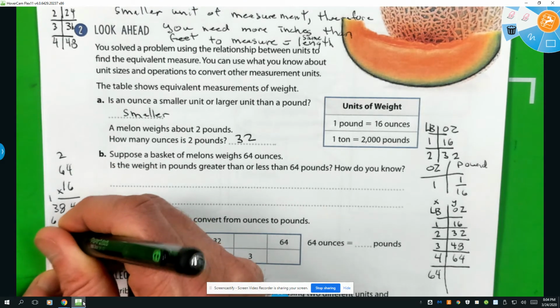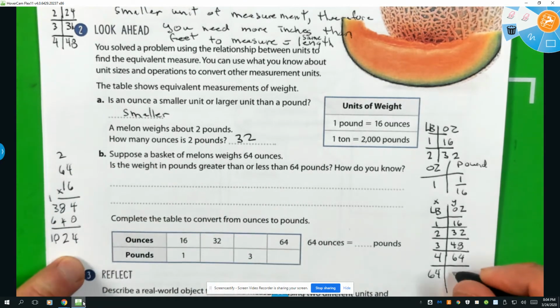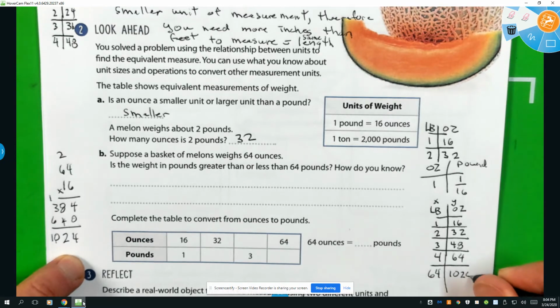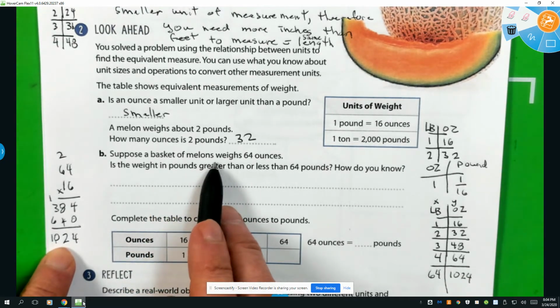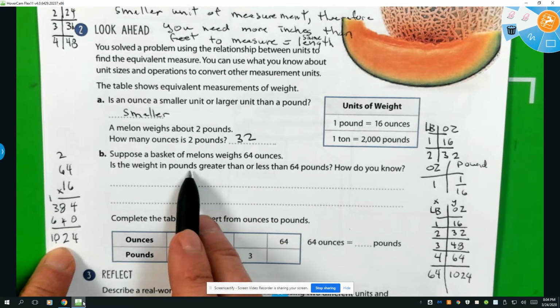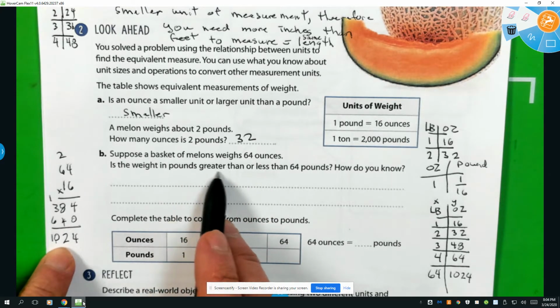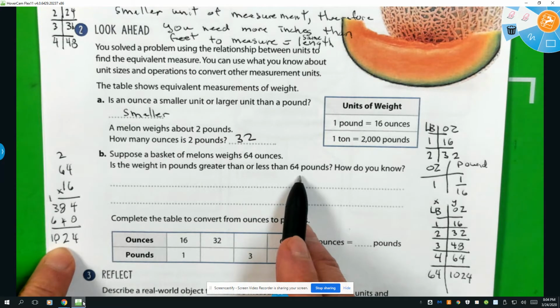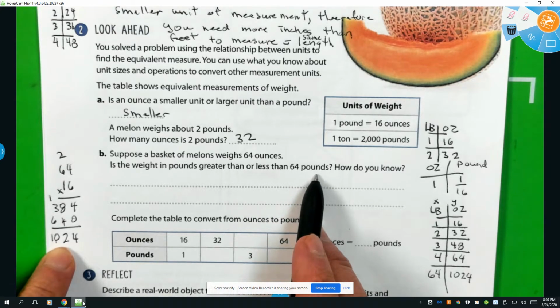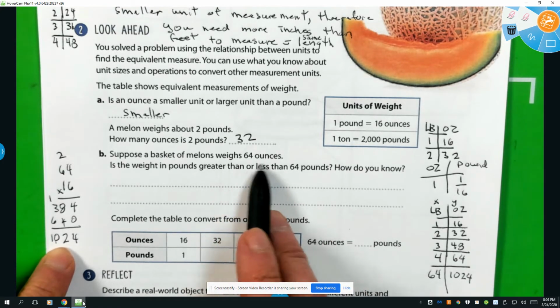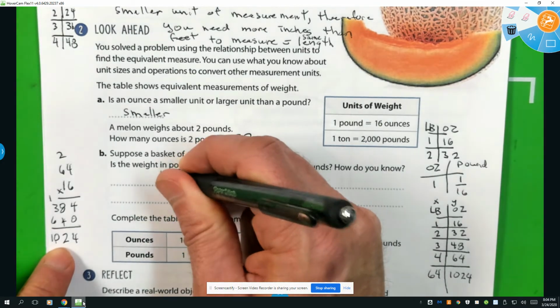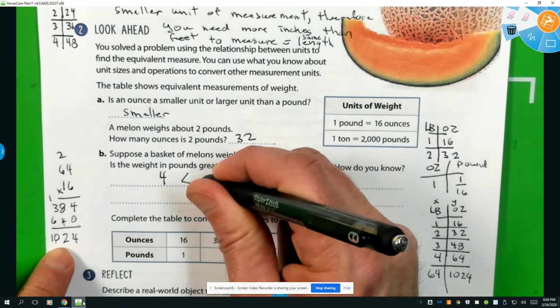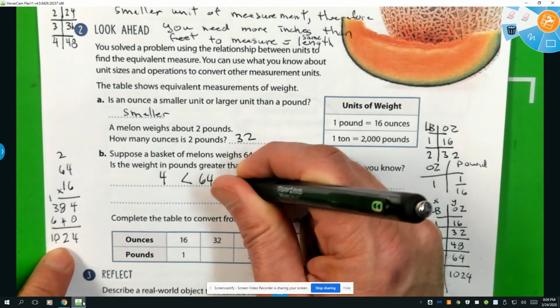Carry the 1. And now we have 1,024 ounces. So if a basket of melons weighs 64 ounces, is the weight in pounds greater or less than 64 pounds? Well, the weight in pounds right here, we know it's 4 pounds. 4 pounds is less than 64 pounds.